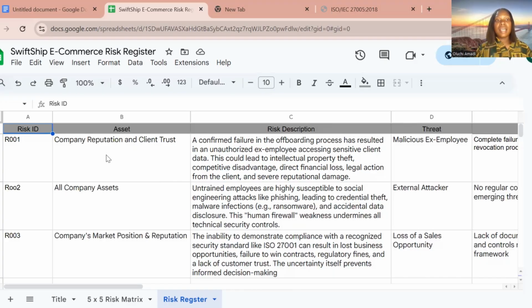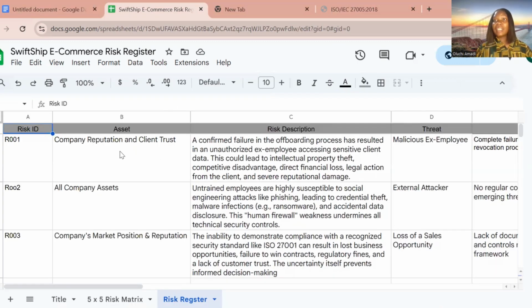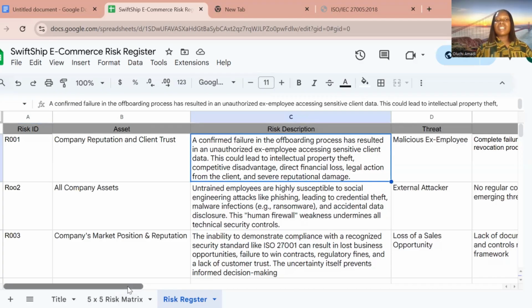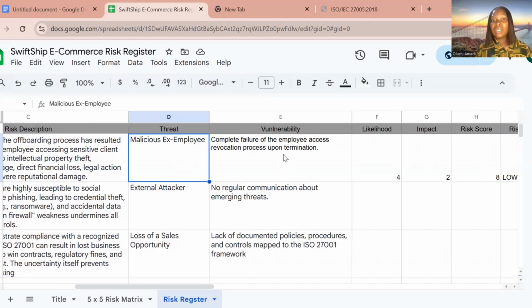The risk that was confirmed is unauthorized access. This is the asset that the unauthorized access can get hold of, and this is the description of what happened. Then the next one is the threat. What is the threat that is there? It is a malicious ex-employee. Then the next one is vulnerability. What is the weakness?